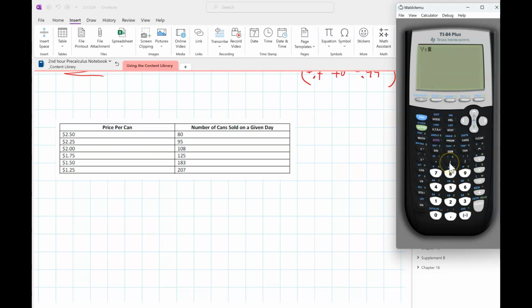I'm going to do function notation with this. So I'm going to do y1, and then a parenthesis, 2.15. What that's telling the calculator is to plug 2.15 into x for the equation stored in y1. So my line tells me that I would sell approximately 104 cans if I charge $2.15.